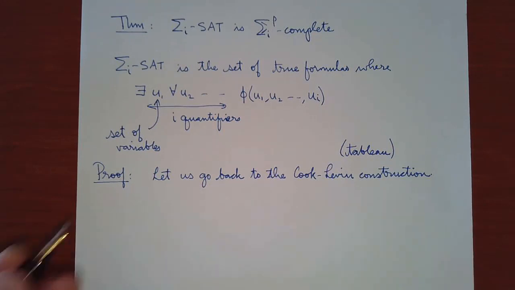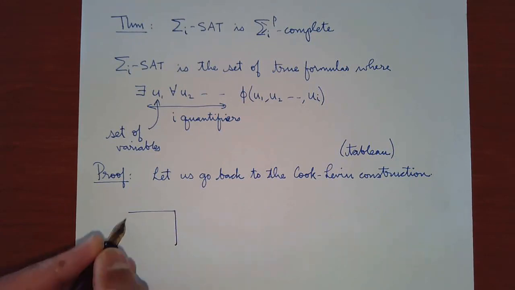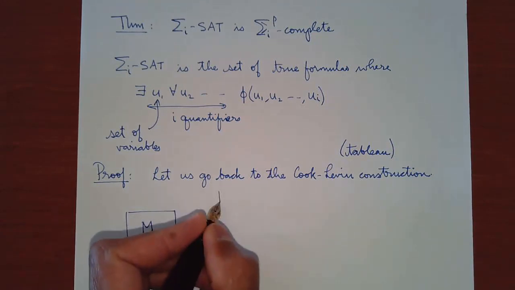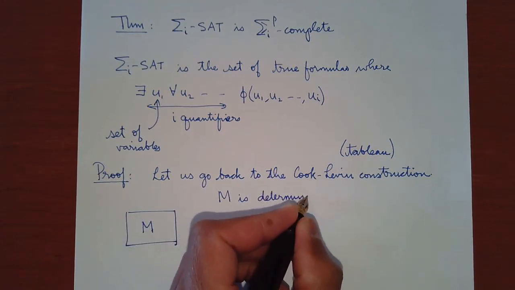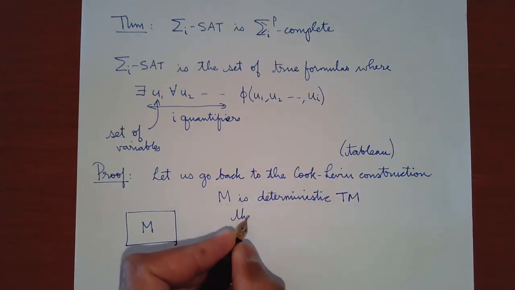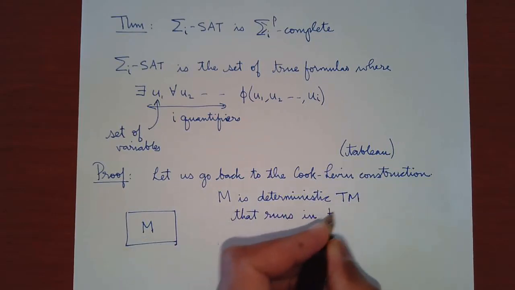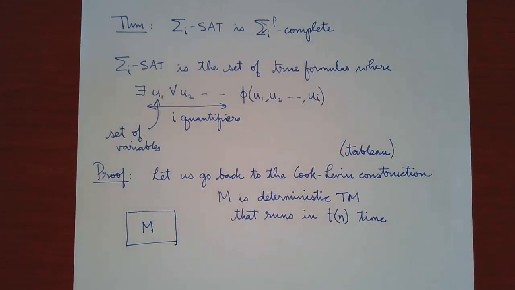So if you remember, one way of looking at this is, suppose we have a Turing machine M. So M is a deterministic Turing machine that runs in T(n) time, where T might be a polynomial, it might not be a polynomial, it's just some function.